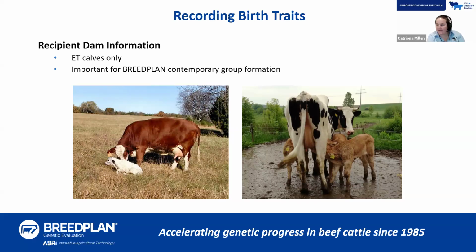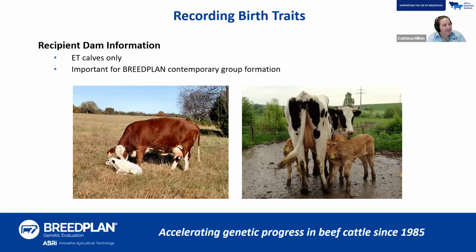There's obviously going to be a difference in milk as one example, and so BREEDPLAN needs to know what is the breed of the ET recip and what is the calving year, so that we can get a feel for how old she is and fit our age effects.